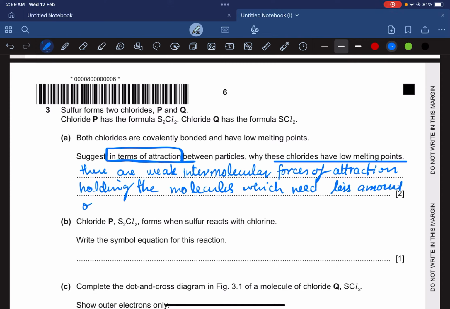That's why it has a low melting and boiling point.